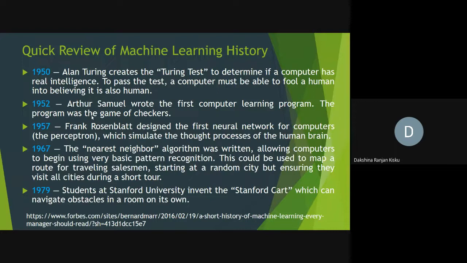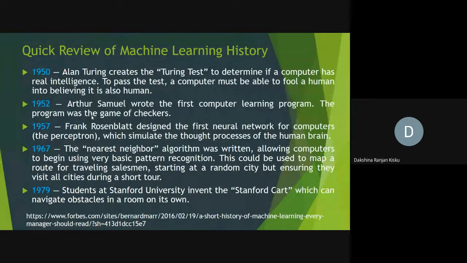So, what was the test which was done by Alan Turing? In the test, Alan Turing placed one computer or machine in a room, and the other room was occupied by a human.